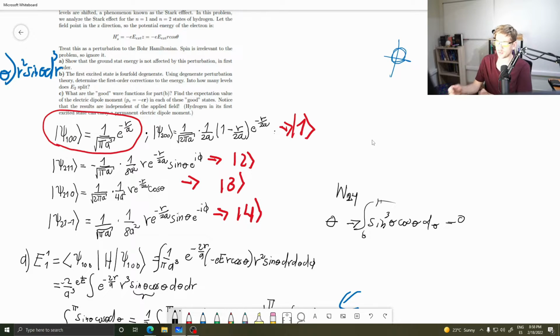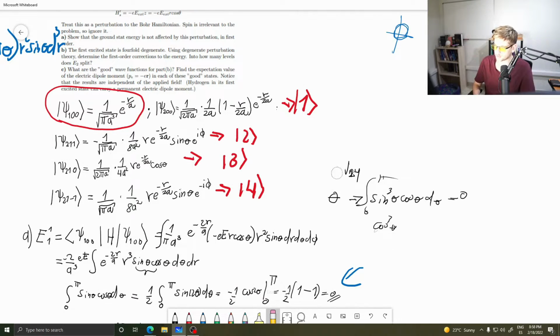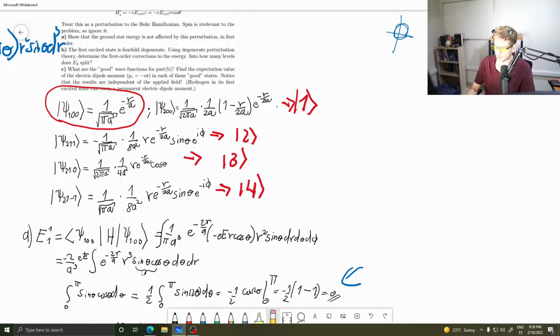Right? We have done this integral before. It's exactly the same as the one with cosine cubed of theta. I think that this is the one we did. Oh no, we did it with cosine. But it's literally exactly the same. You do the exact same thing. The only difference is that here you get 0 minus 0 instead of 0 plus 0 when you substitute sine squared for 1 minus cosine 2 theta over 2. So super 0. It's probably 0 because of the phi part as well, but we don't even need to bother checking that. All right, so W24 is also 0.